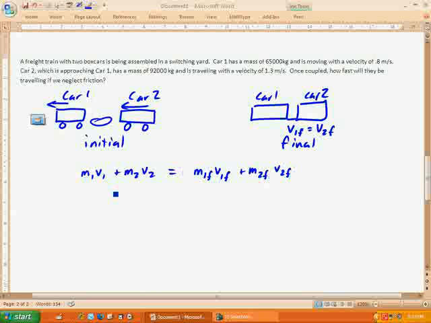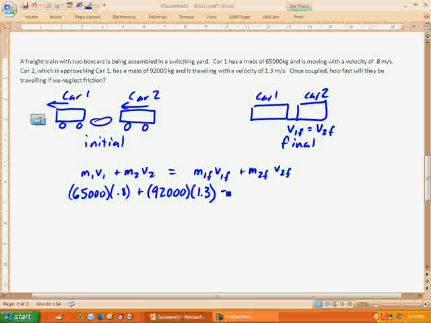Now we're given most of this information. We're given the mass of car 1, so 65,000 times the initial velocity, which is 0.8, and then we've also got car 2, which is 92,000 times 1.3.